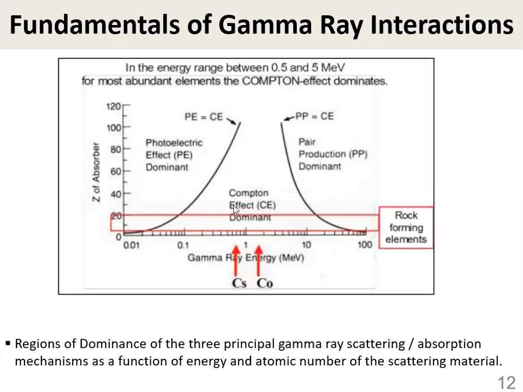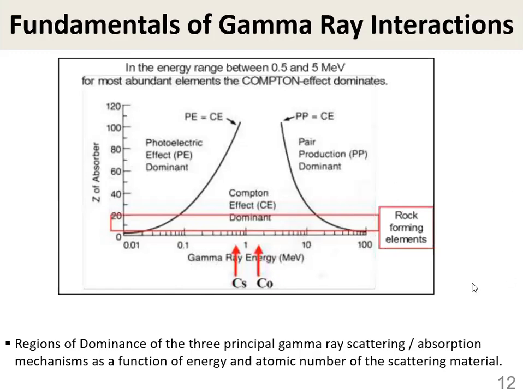Of course, there are a few others. The regions of dominance of the three principal gamma ray scattering or absorption mechanisms are a function of the energy of the gamma ray and the atomic number of the scattering material, that's of the formation in this case. So these effects are experienced depending on the energy of the incident gamma ray.